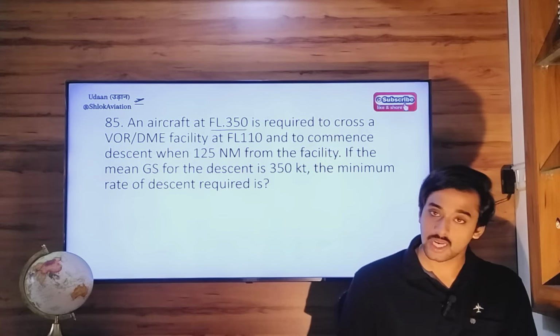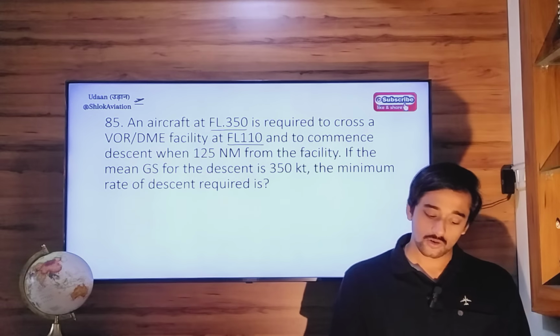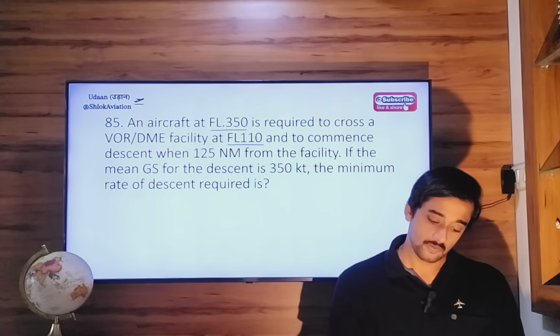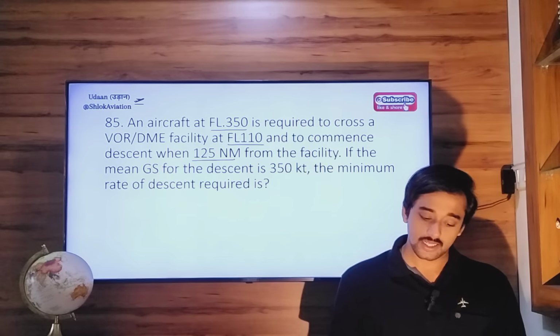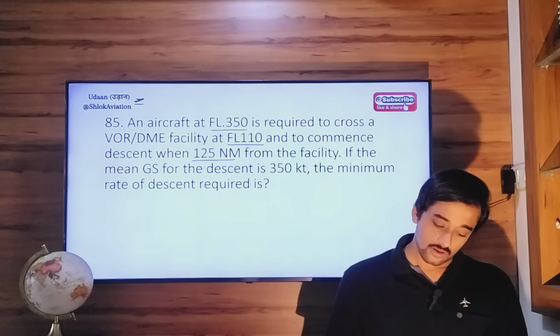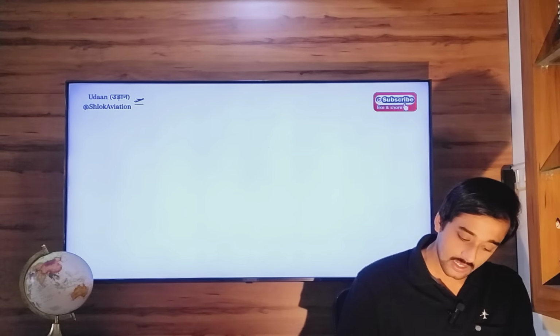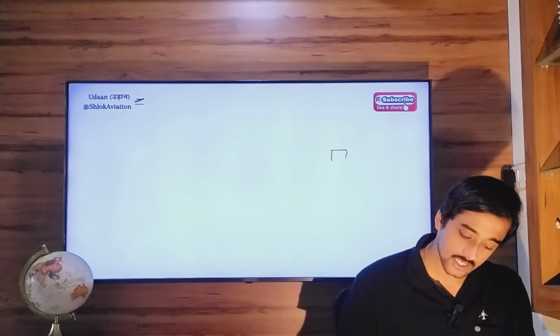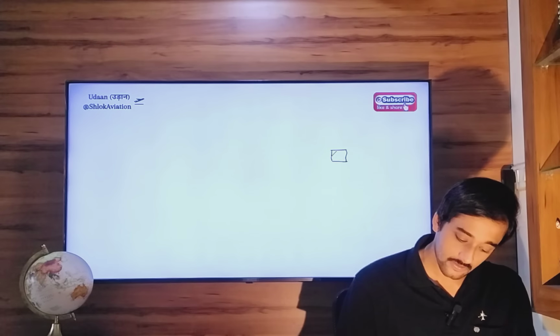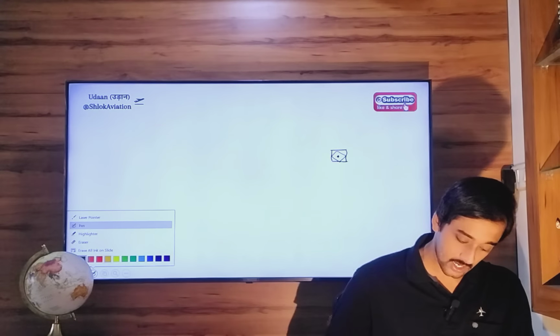Aircraft is at flight level 350, wants to come down to flight level 110, 125 miles away from the facility. Ground speed is given. What is the rate of descent? Simple question. So, let's say this is your VOR DME station. Here is your aircraft.